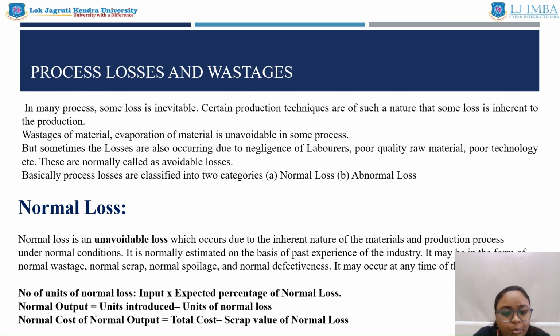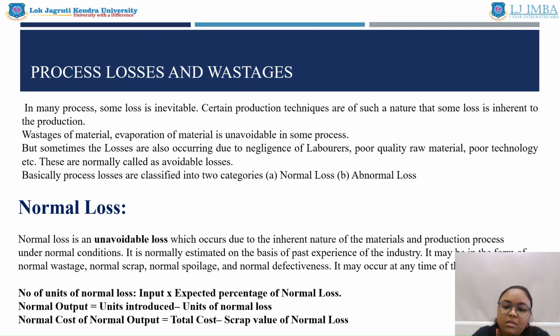So your normal output will be 99 kgs. Now after finding the units and the normal output, the third step is to find out the normal cost of normal output. Normal output means the actual output after eliminating all the unavoidable loss.